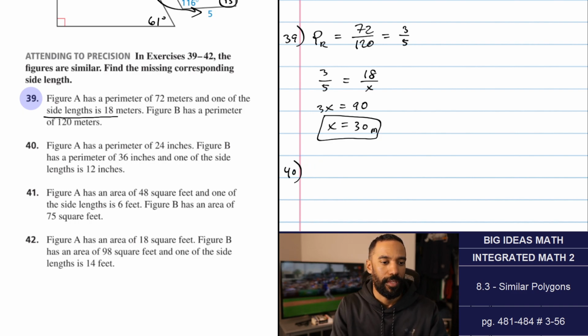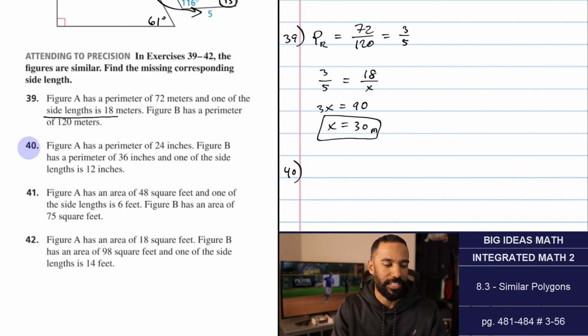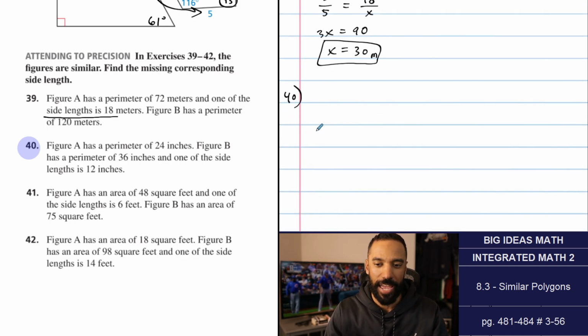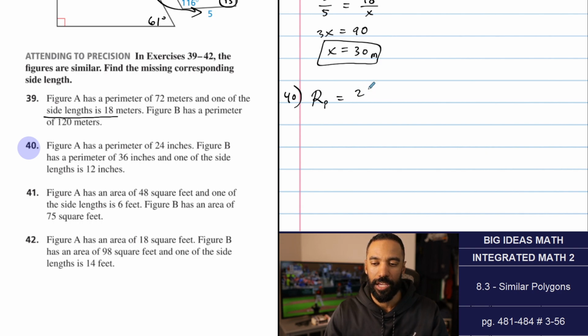Number 40. Figure A is a perimeter of 24, figure B is a perimeter of 36, and one of the side lengths is 12 inches. So now this time we know something out of figure B. Let's figure out something out of figure A. If we do the ratio of perimeters from A to B, we'll have 24 over 36, which reduces to 2/3.